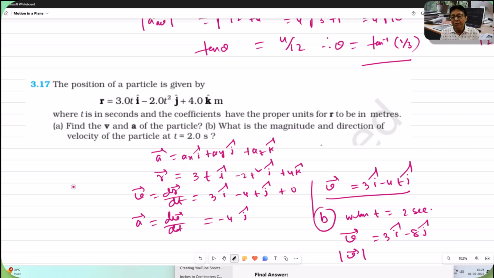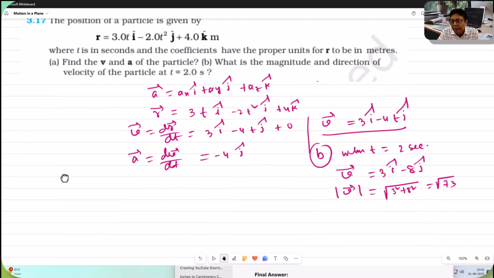Then mod v will be what? 3 square plus 8 square, root 73. Let me calculate this. Using a calculator, root 73 is coming to be 8.54 meter per second. And how to get the angle?